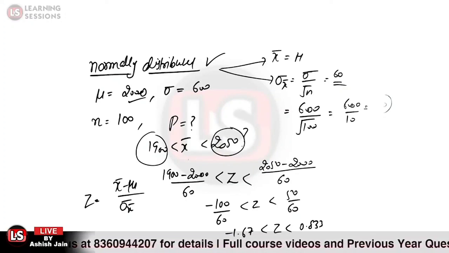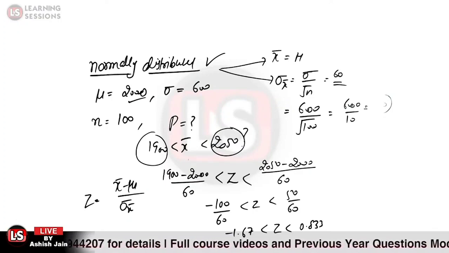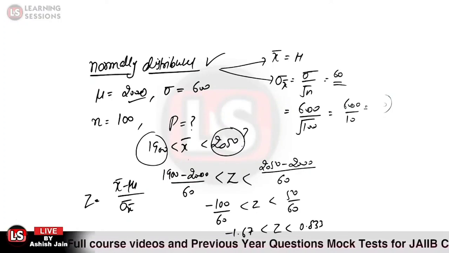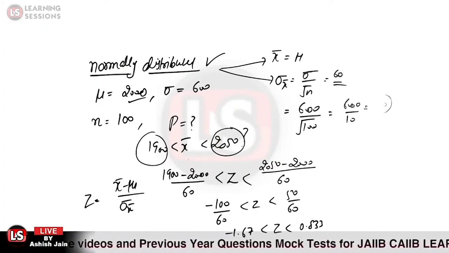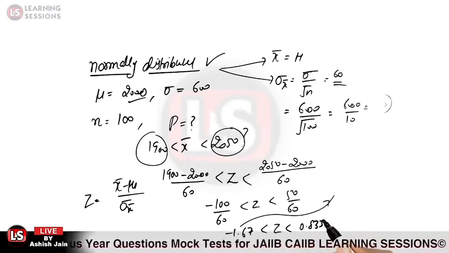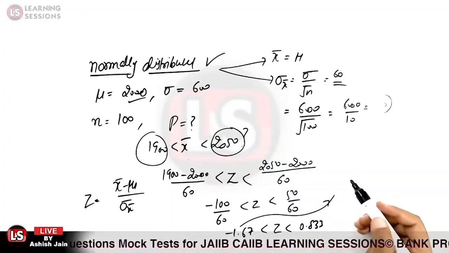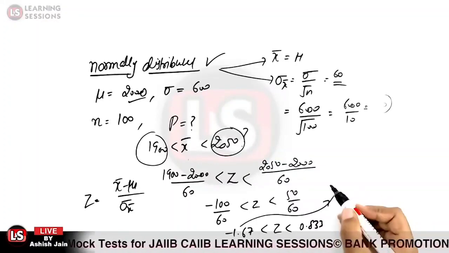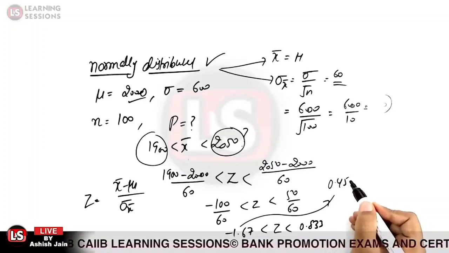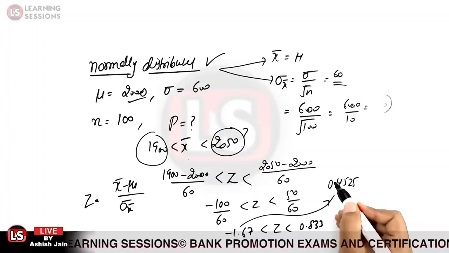In the question paper itself, the Z table values will be provided to you. So I'm writing it as it is from the Z table. For 1.67, we need to get the value from the Z table, which will be given to you in the question itself. It is 0.4525 for the Z value.